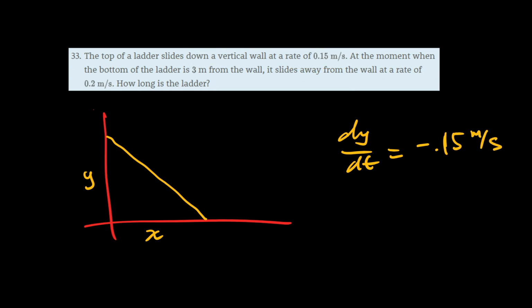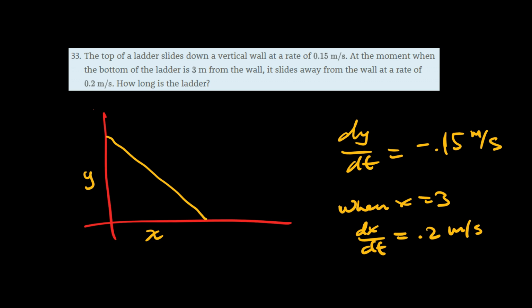At the moment when the bottom of the ladder is 3 meters from the wall, so when x is 3, it slides away from the wall at a rate of 0.2, so dx over dt, this is positive, is 0.2 meters per second.